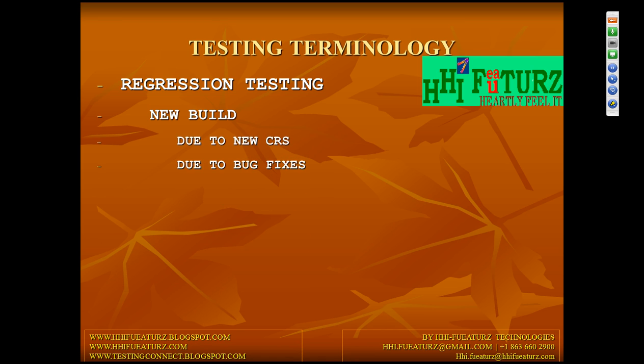So you are getting a new build because of either of these cases: enhancements, which we will call change requests. Okay, change requests, as in requirement documents, you can also consider them change requests. CR means change requests or bug fixes.